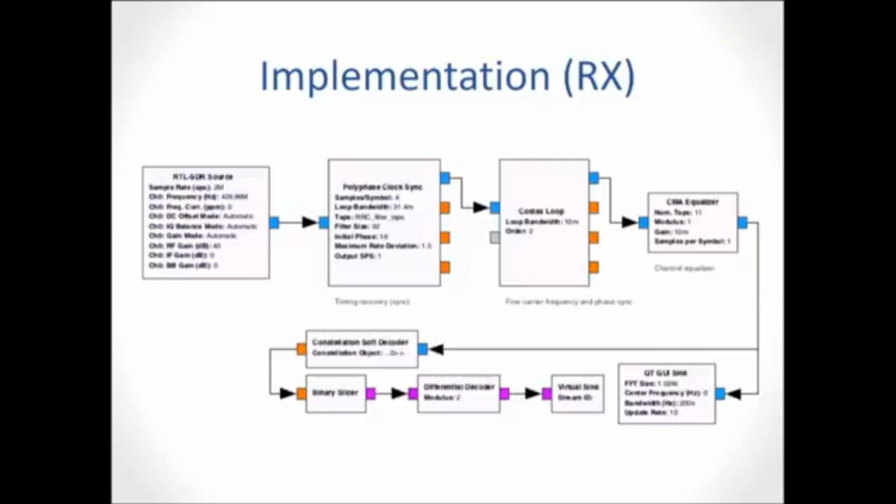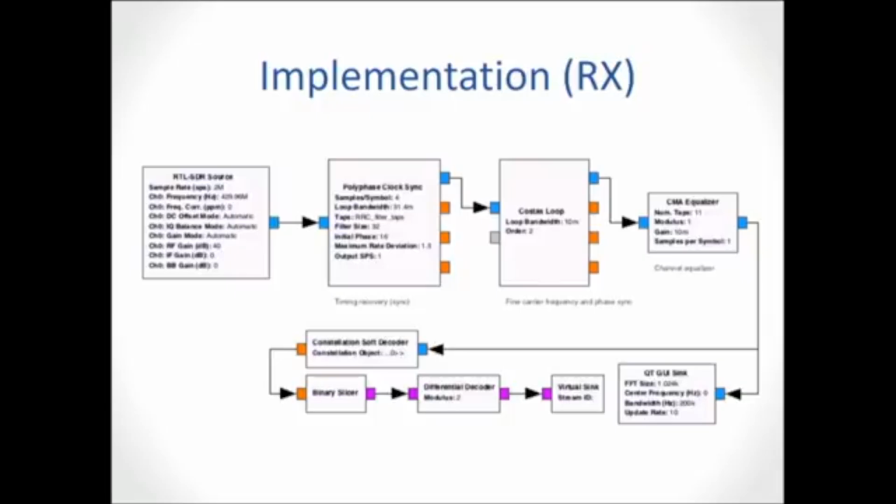We take the received signal, pass it through a polyphase clock sync, and this has a filter that matches the one used in the transmitter. Then this basically estimates the maximum likelihood times at which to sample the signal. And then we get an output sequence of numbers, ones and -1s, and that looks a lot like the symbols that we originally sent.